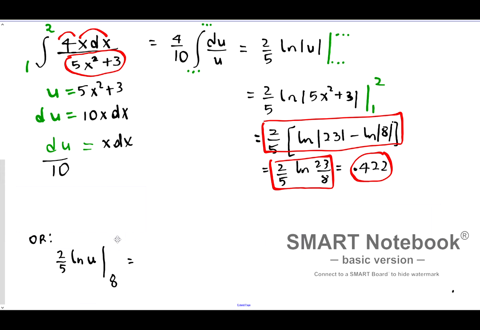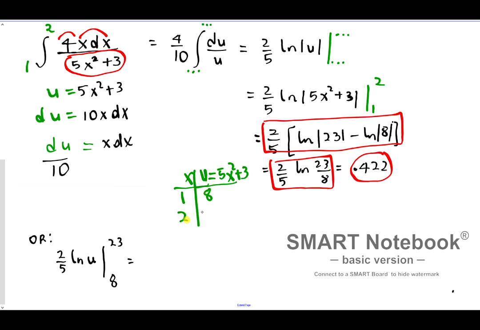So what we're saying is it is okay to plug the values in when you have the u's in there. However, you need to change your limits of integration, okay? So basically what we've just done is we went from the x limits to u limits. Remember, u was 5x squared plus 3. If x is equal to 1, this one turned out to be 8.